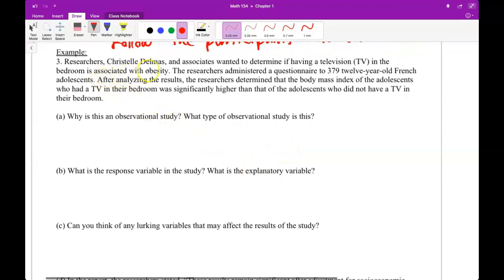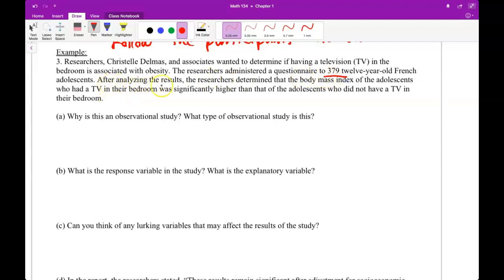Example: researchers Delmos and associates wanted to determine if having a television in the bedroom is associated with obesity. The researchers administered a questionnaire to 379 12-year-olds.